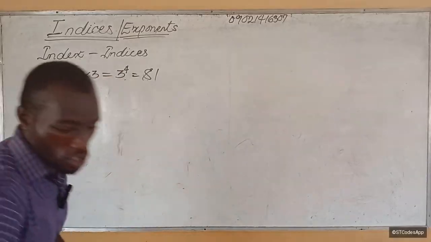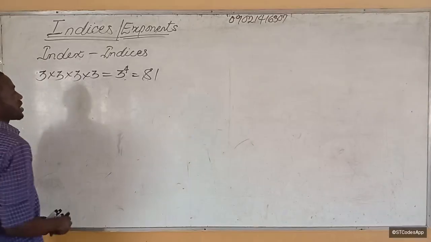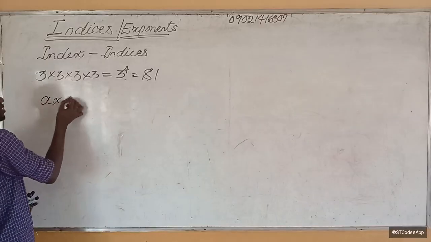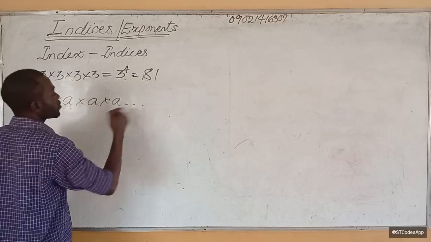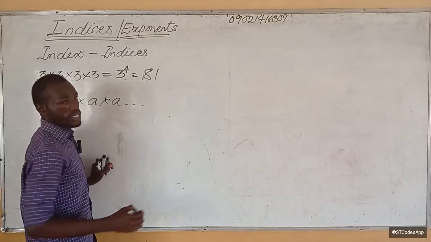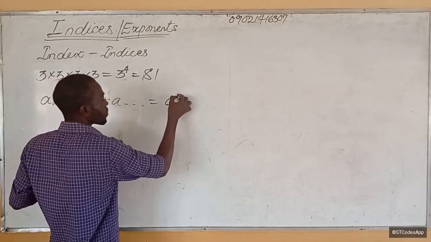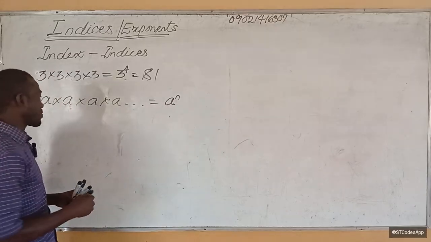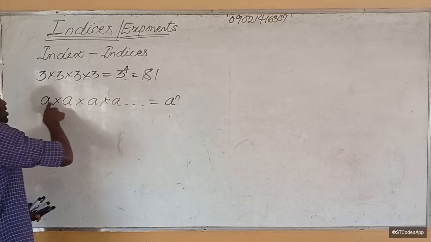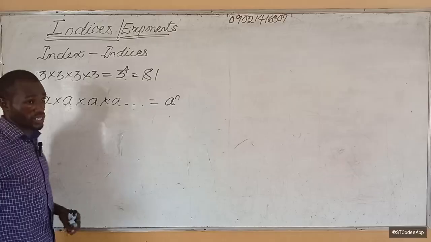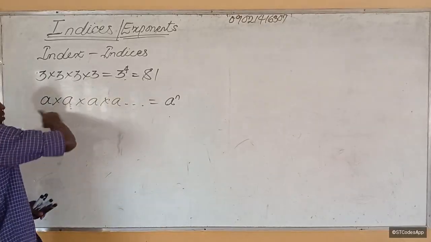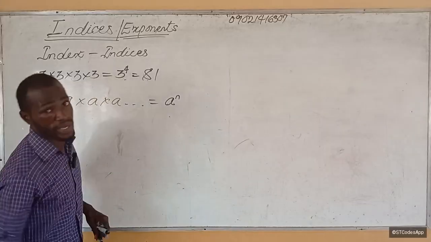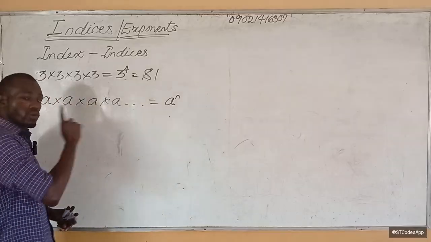Index is the short form of something. So what that is saying is that if I have something multiplying itself, if I have a times a times a times a continually like that, then it can be represented as a raised to a particular n. Where n is a positive integer that represents the number of times a appears, or how many a's we have in the expression.